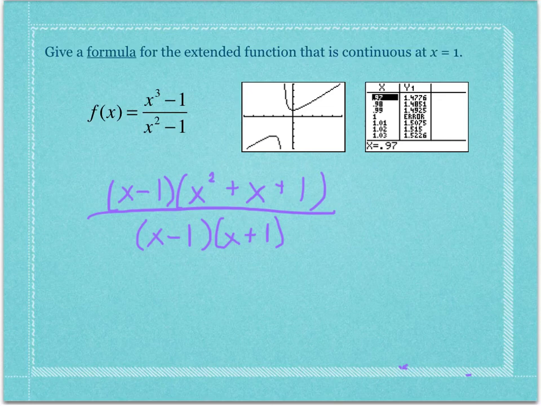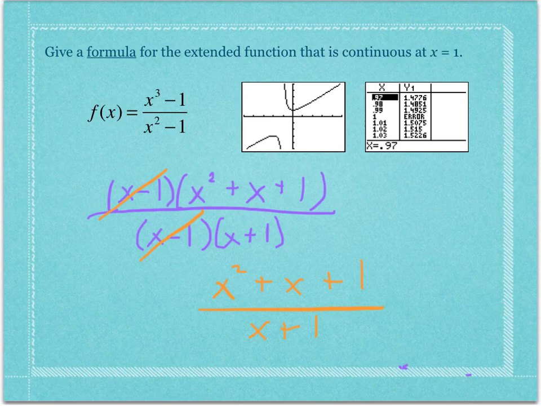Now, notice what I can do. Since I have some factored forms here, I can do some canceling of these things. So I can cancel out those x minus 1s. My resulting function that's left is x squared plus x plus 1, all of that over x plus 1.